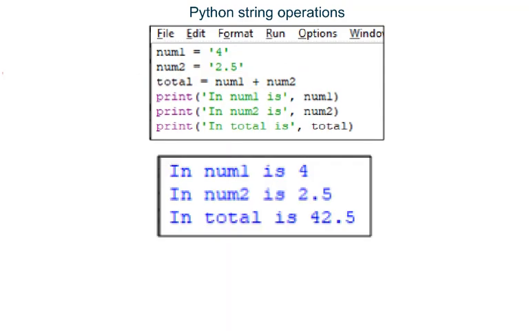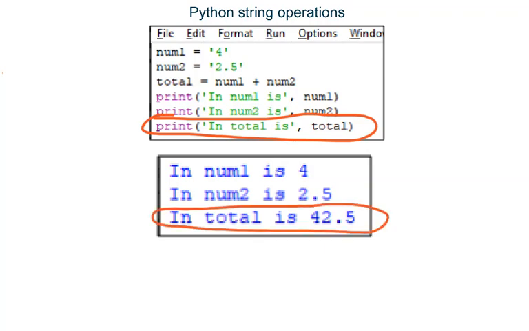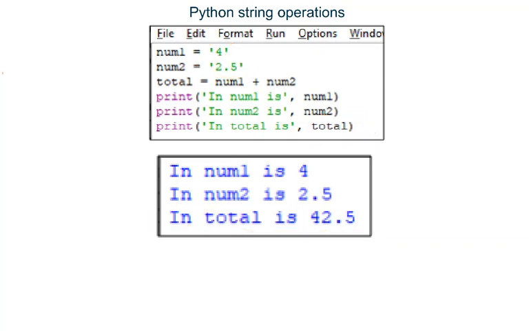Therefore, when we run the program, line 6 outputs that what is stored in variable total is 42.5. This is because Python has concatenated the string 4 with the string 2.5, and that leads to 42.5. It has not done mathematical addition.